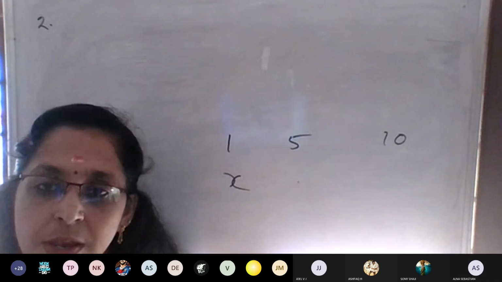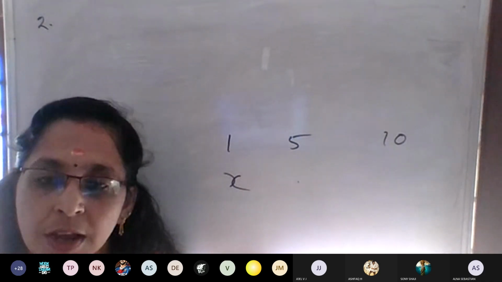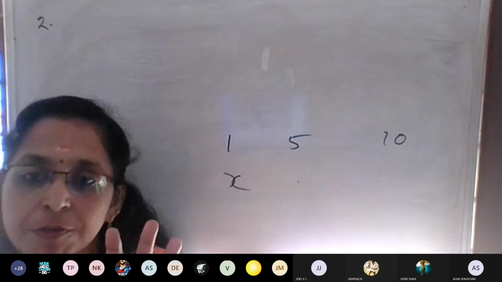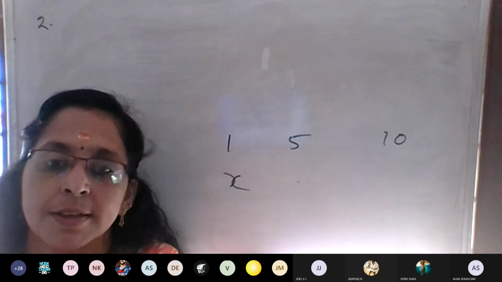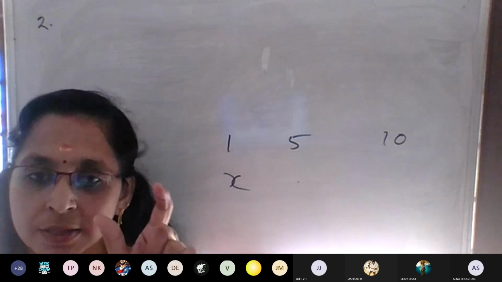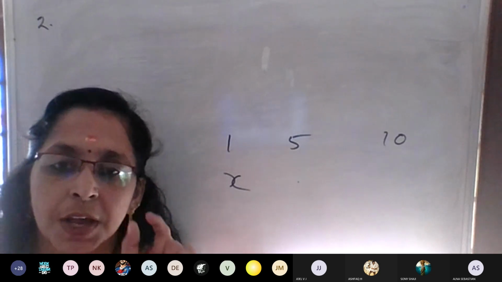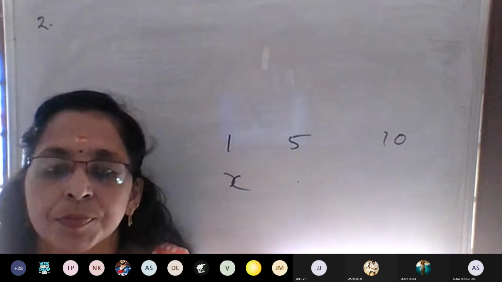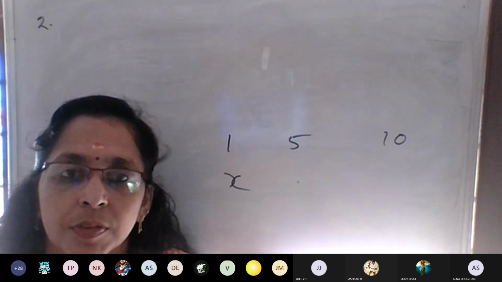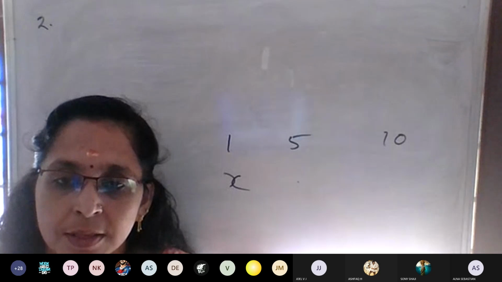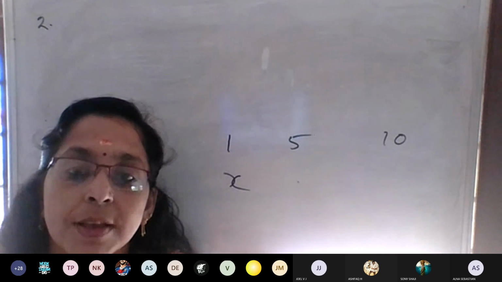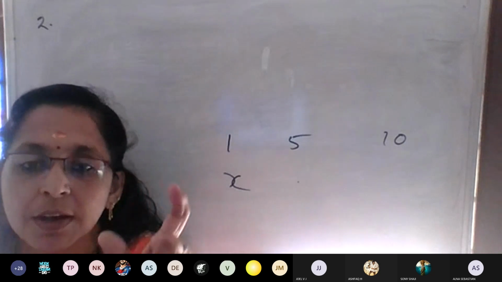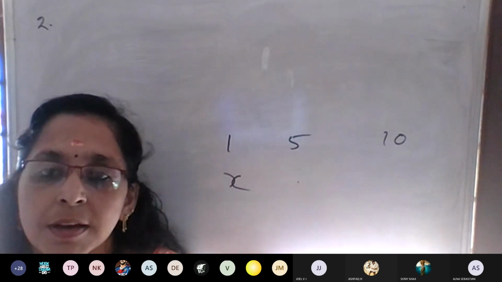Let the two natural numbers be x, which differ by 5. Consecutive means next to each other, but here the two numbers have a difference of 5. If one is taken as x, how can we write the next? X plus 5. So let the two numbers be x and x plus 5.